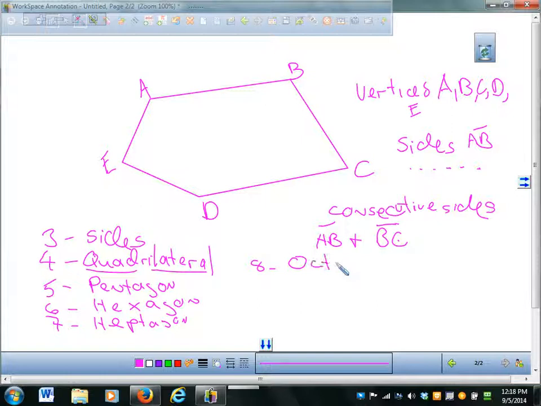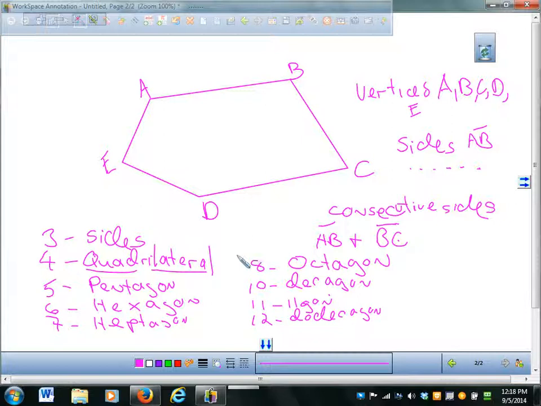And I think after that, 9 we don't worry about. 10 they call a decagon, and the 11 after that they just call it an 11-gon. Isn't 12 a dodecagon? Yeah, 12 is a dodecagon. If you have a test or something, dodecagon.